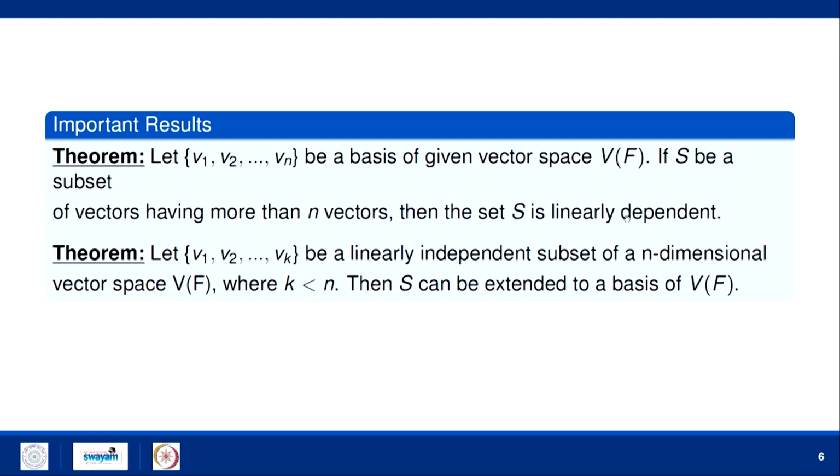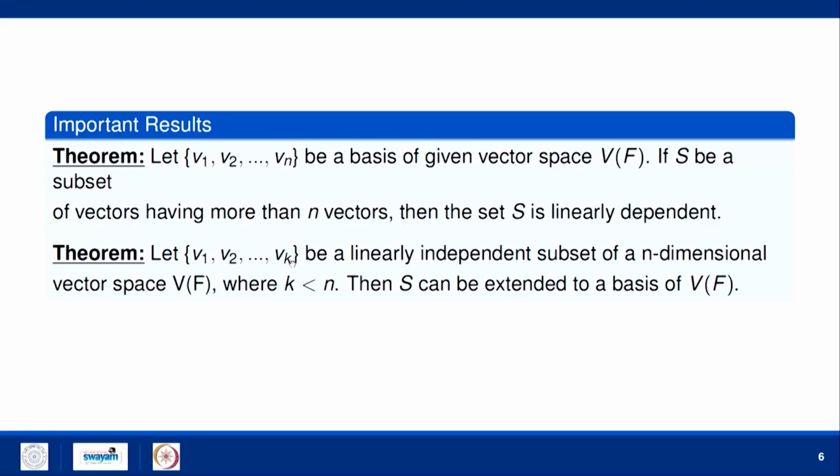What I want to convey is that if the dimension of the vector space is n, any set containing more than n vectors will be linearly dependent, because in a set you can have at most n linearly independent vectors. And if you have such a set with n linearly independent vectors, then that set will be a basis of that particular vector space.